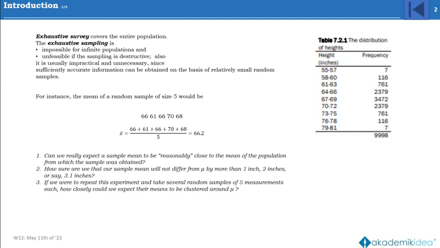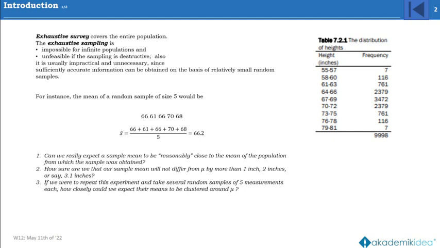If the sample mean had been 67.4, our estimate of mu would have been worse.